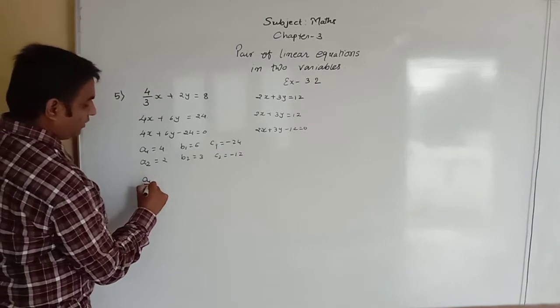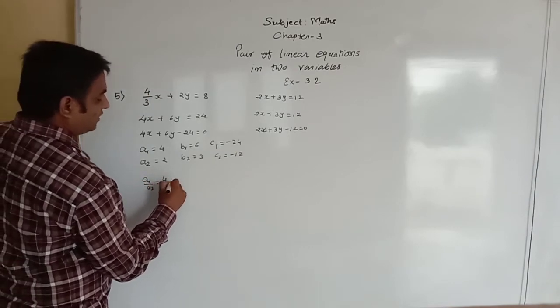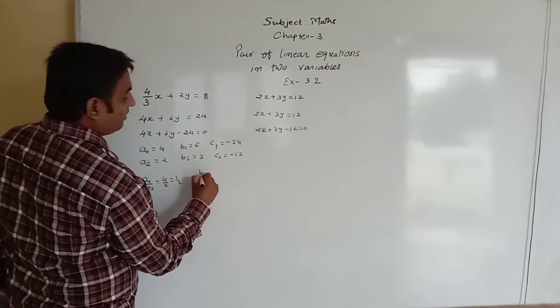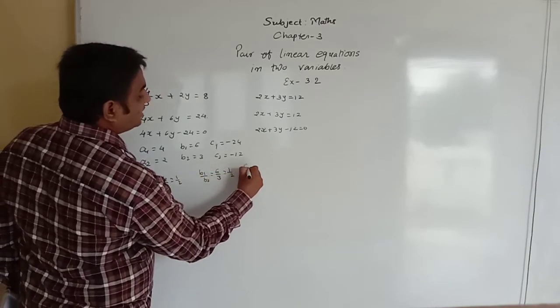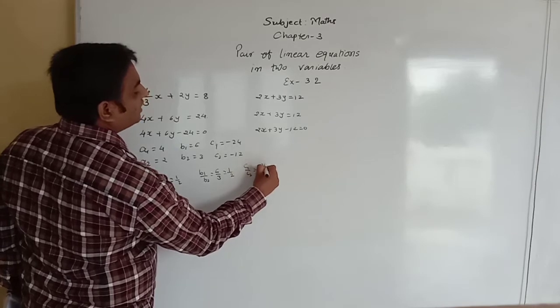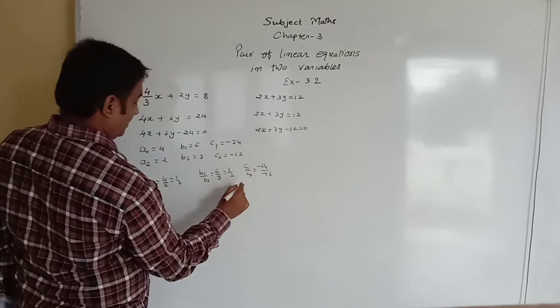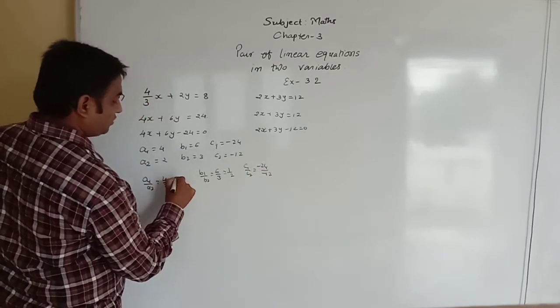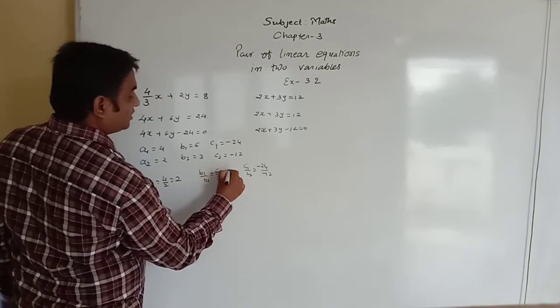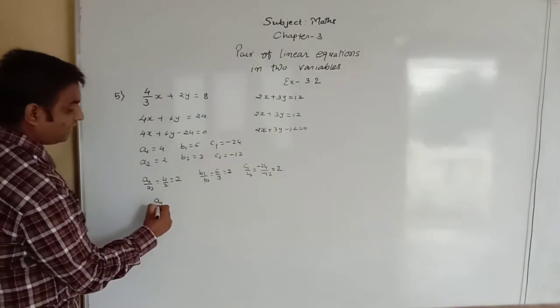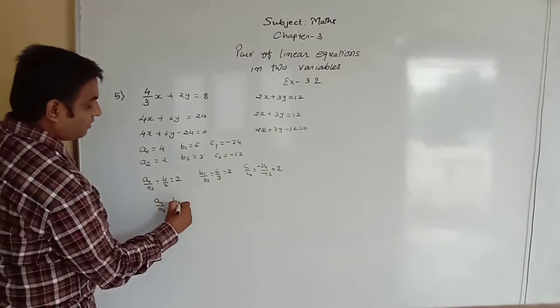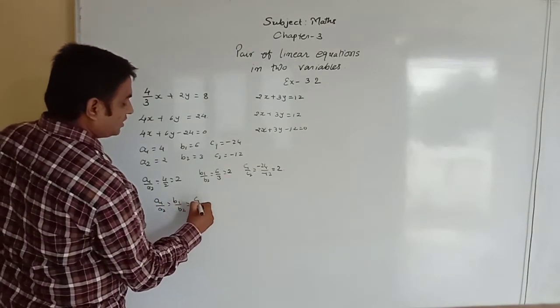So a1 by a2 equals 4 by 2, which is 2. b1 by b2 equals 6 by 3, which is 2. And c1 by c2 equals minus 24 by minus 12, which is also 2. And so we can say that a1 by a2 equals b1 by b2 equals c1 by c2.